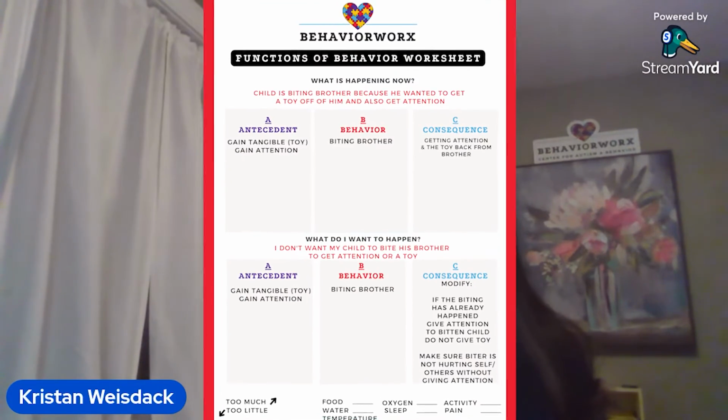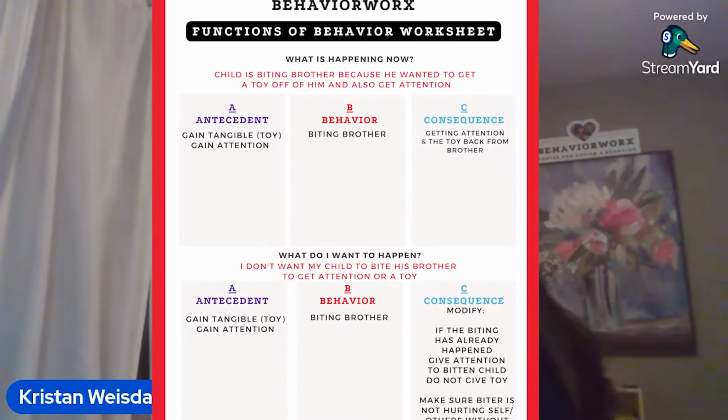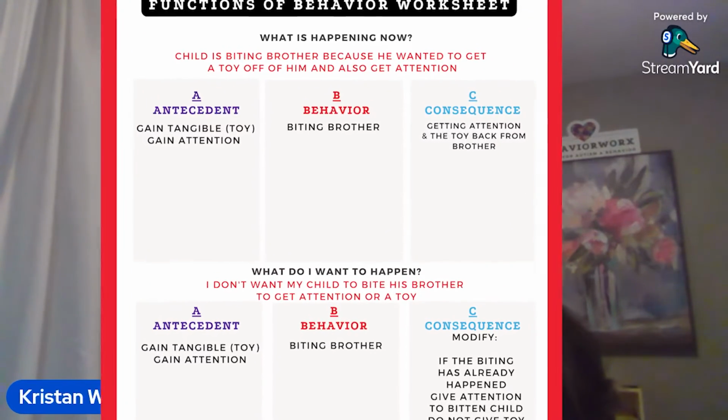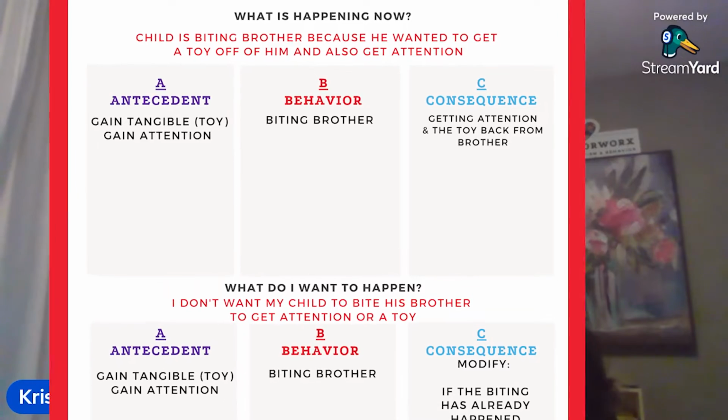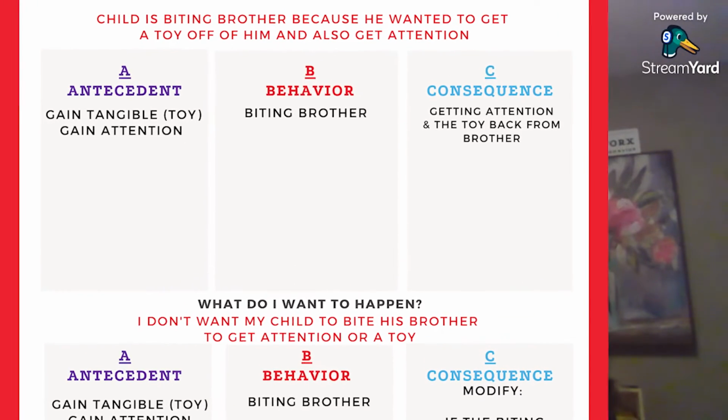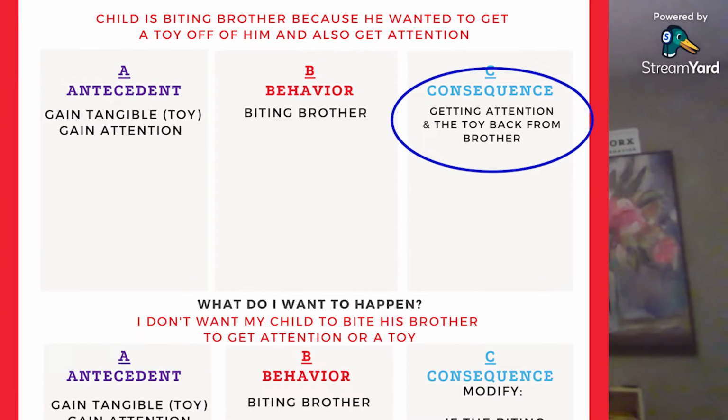So he did the biting. And then what's happening now is when he bites, he gets attention, and he was also getting the toy. So what you have to do is make sure that attention is no longer given and they don't get the toy that they wanted to get because of the biting.